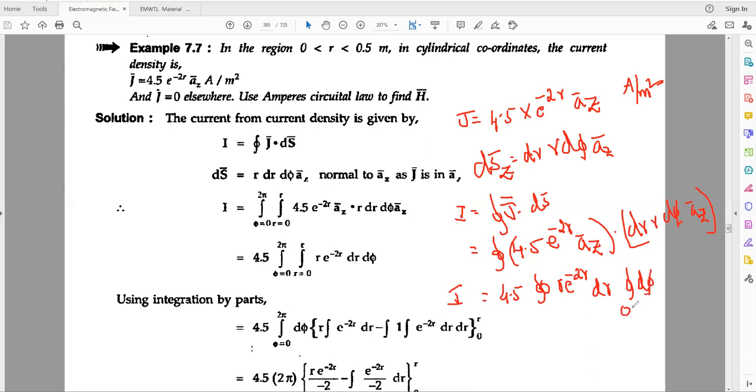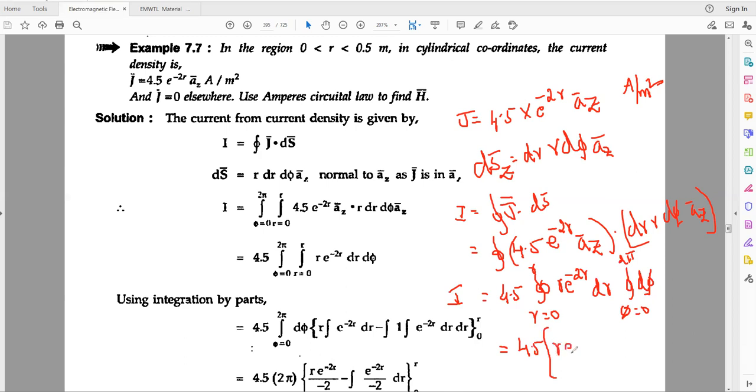The phi we know, from 0 to 2 pi, and r is given from 0 to r, with the radius of r only. Actually, r to infinite. I consider the 4.5 and apply integration by parts here.